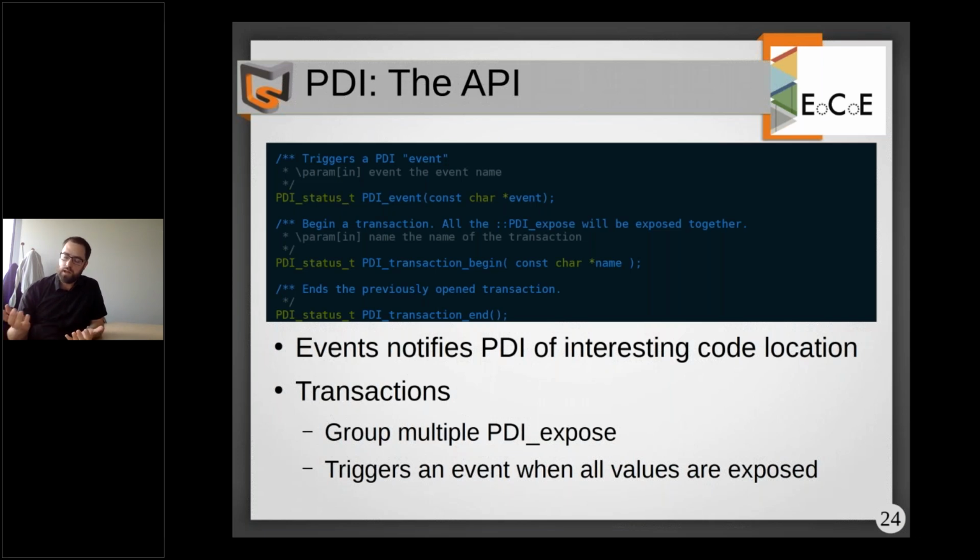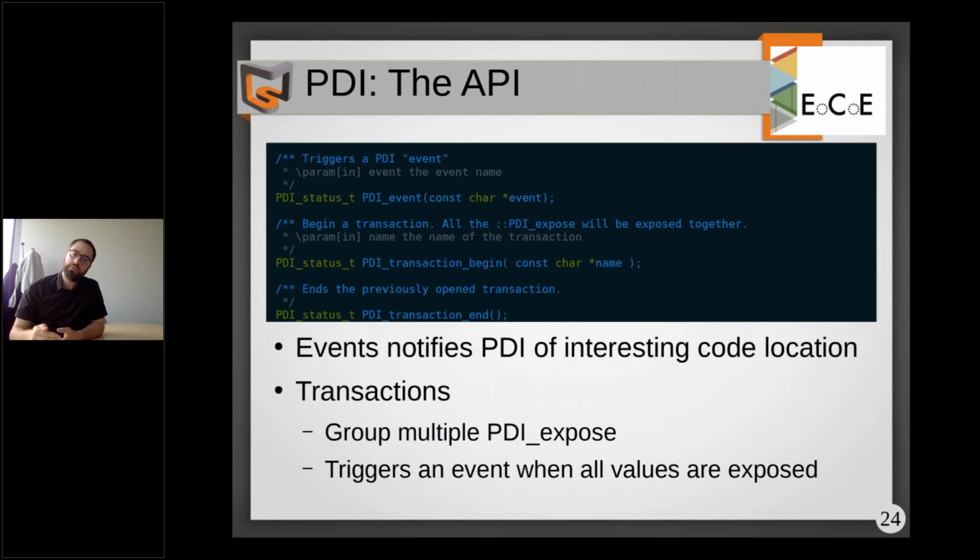If you want to use two buffers together, it's not possible with the simple PDI expose. A simple PDI expose will share the first buffer, then reclaim it, then share the second buffer and reclaim it. If you put this PDI expose inside the transaction, then the transaction will ensure that all the buffers are shared first and reclaimed in a second time.